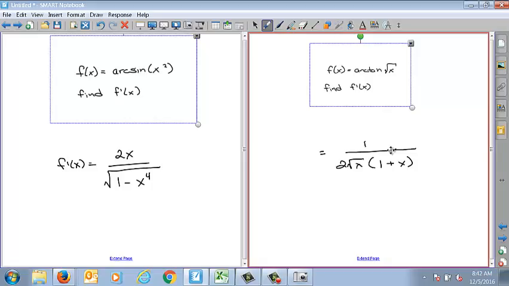Do you see what I'm saying? It's 1/2 times x to the negative 1/2. You take the old exponent, which is 1/2, so you multiply it by that. That's where the 2 comes from. So this is really a half, and this is x to the minus 1/2. I'll come up and talk to you.